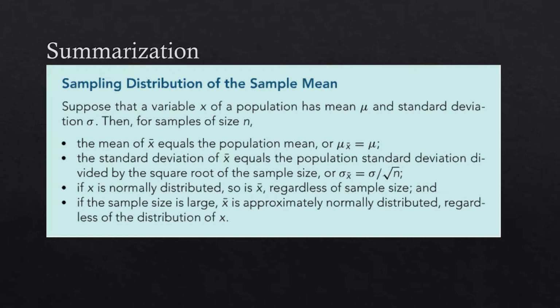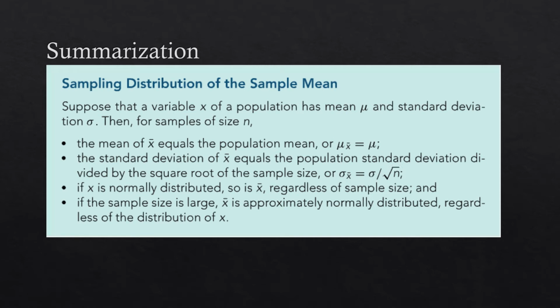So in summary, suppose that the variable x of a population has a mean and a standard deviation. Then for samples of size n, the mean of the sample mean equals the population mean. Okay, we've said that. The standard deviation equals the population standard deviation divided by the square root of the sample size.